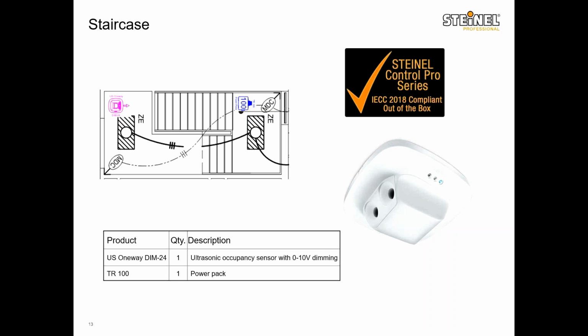The combination of having an ultrasonic sensor and not turning the lights all the way off, just keeping them dim to, let's say, 20 or 30%, removes any kind of risk to anyone who may need to use the staircase in an emergency. And obviously, you need a power pack to go along with your sensor.